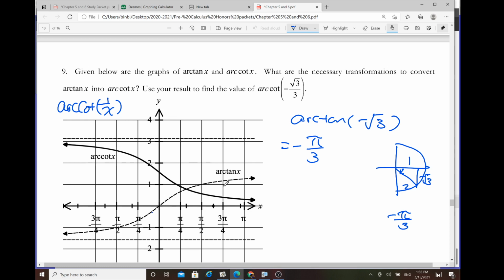But if you're looking at this one here, the range, it's actually all the way up here. So negative pi over 3 reflected over, and for that one, it would be considered 2 pi over 3.